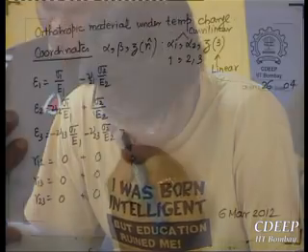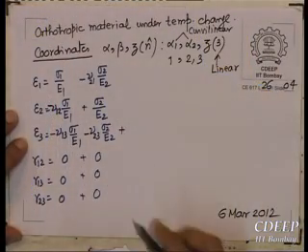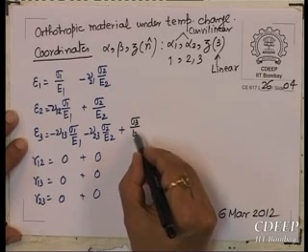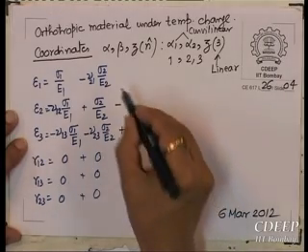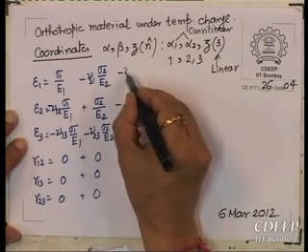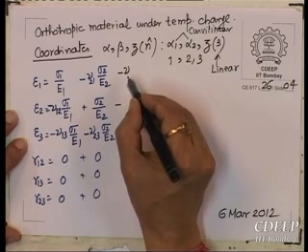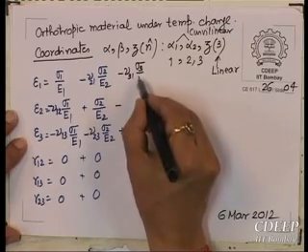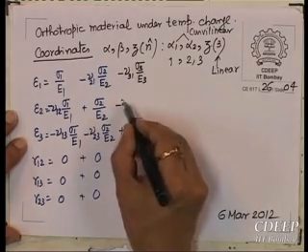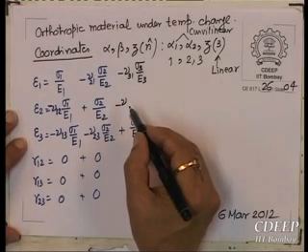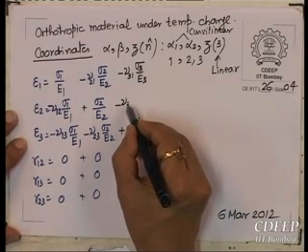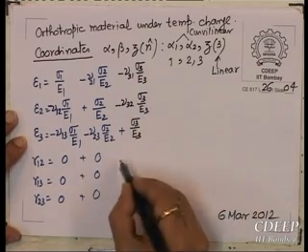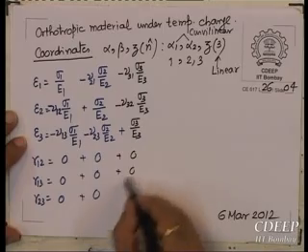One more I will just take here so that it is complete. So sigma 3 by E3 minus, here it will be nu 3 1, nu 3 2, plus 0 plus 0.